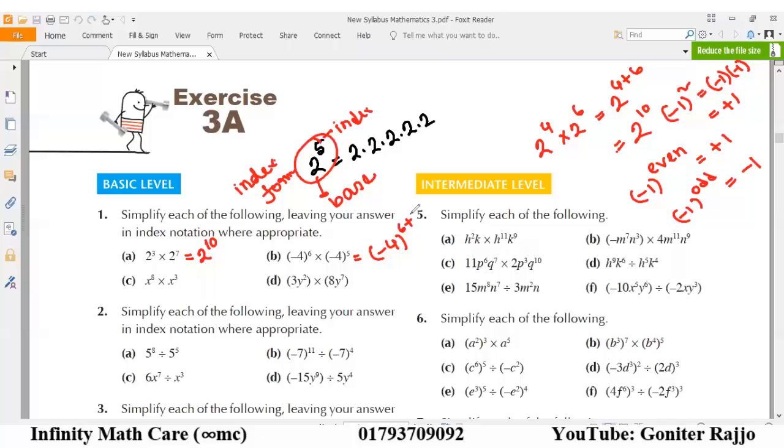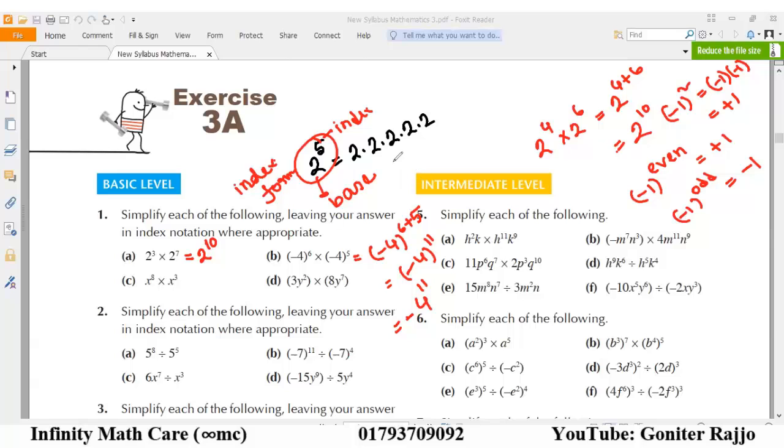Minus 4 to the power 6 plus 5 will be minus 4 to the power 11. Now, minus to the power odd index, should the answer be positive or negative? It should be negative: minus 4 to the power 11.